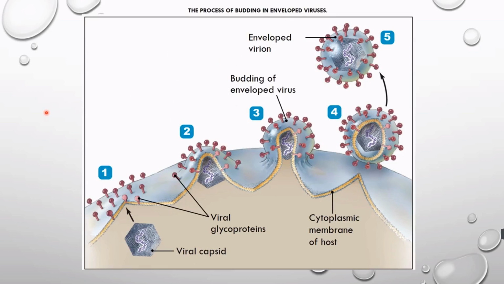We've now covered the life cycle of a virus. Now we have a scenario where the virus is fully assembled, which is a very complex process, and we have the release of the virion particles. So this example shows the process of budding in enveloped viruses.